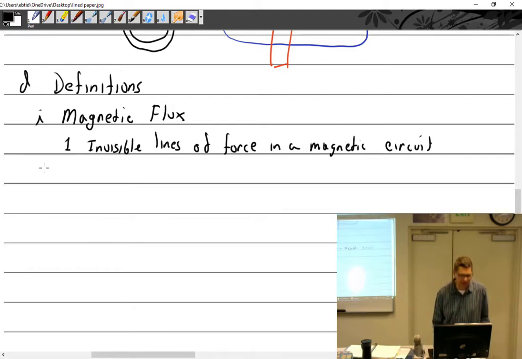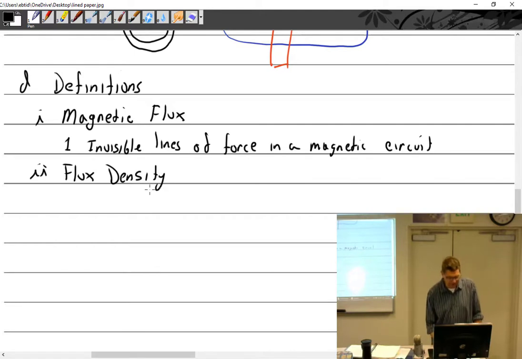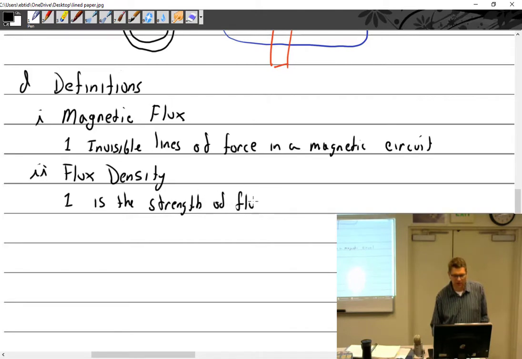All right, flux density. What is flux density? Strength. Very good. It is the strength of flux, measured in what unit?